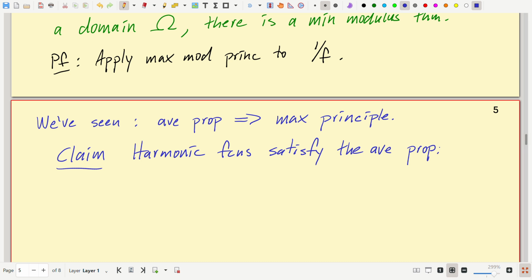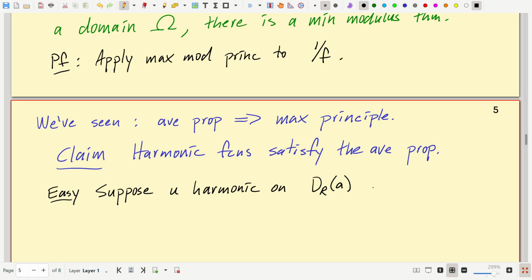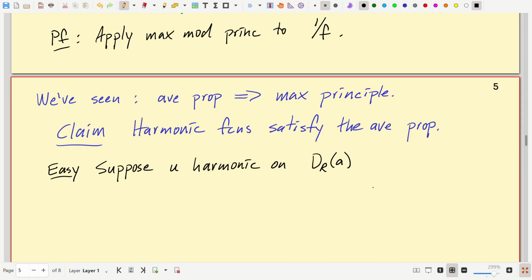Okay, this is an easy thing to see, because let's suppose u is harmonic on the bigger disk, on D_R of a. Well, we get a harmonic conjugate for that. We know how to do that.